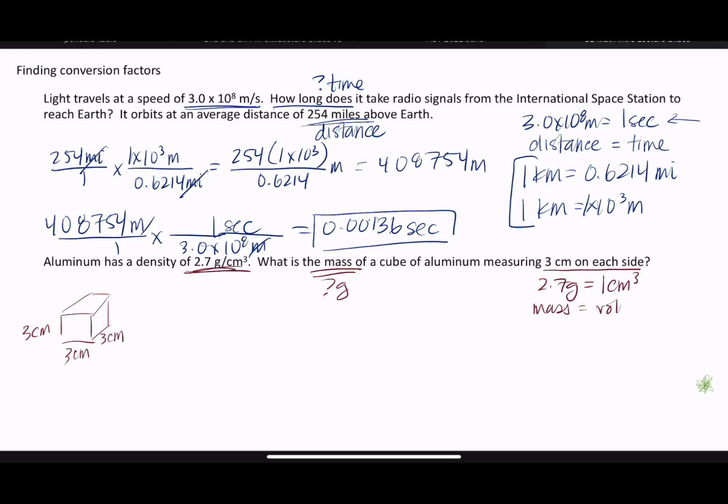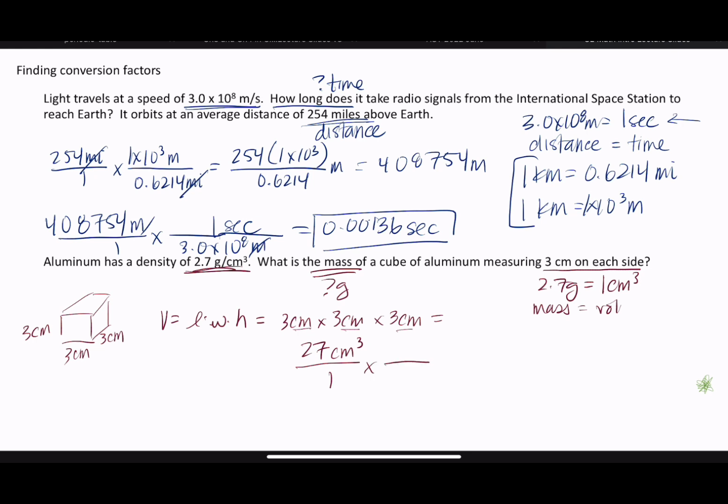What do I really know? I know that the volume of the cube is 3 centimeters times 3 centimeters times 3 centimeters, which gives us 27 centimeters cubed, because centimeter times centimeter times centimeter gives centimeters cubed.